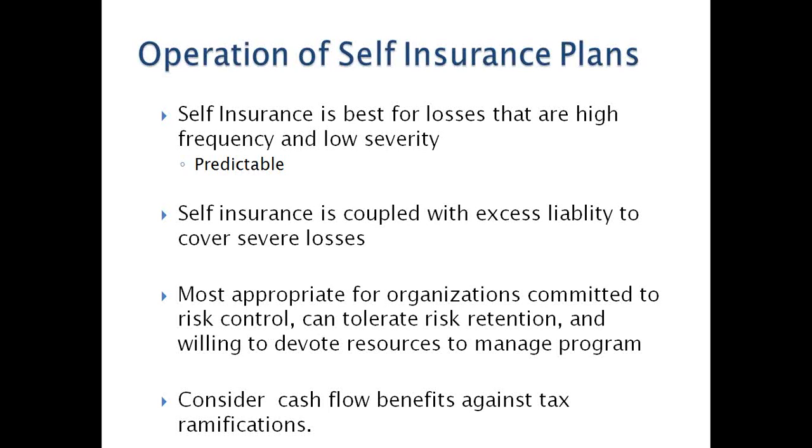Because the way the tax code works is that you only incur the expense once you actually pay the claim. By just holding the money for the potential future liability, that's not considered to be a business expense. And so the trade-off that this last bullet is talking about is that you may have increased cash flow to do other things with it. Or in some cases, the cash flow you might have has to be held in an escrow account, so to speak.